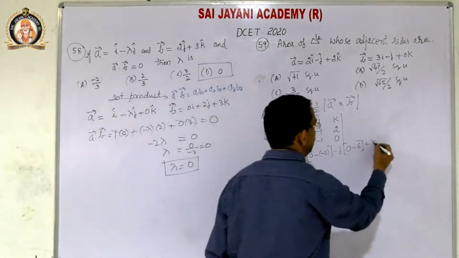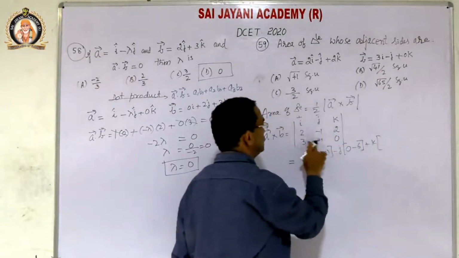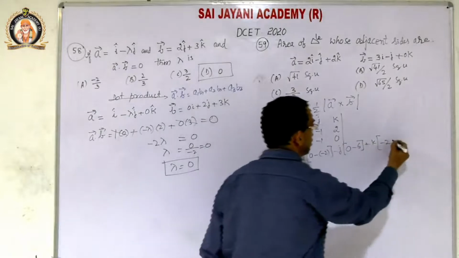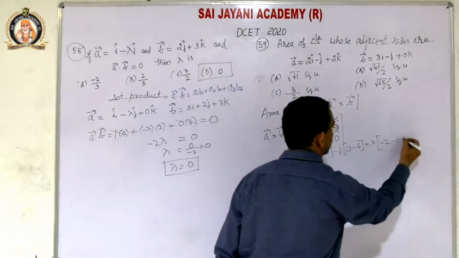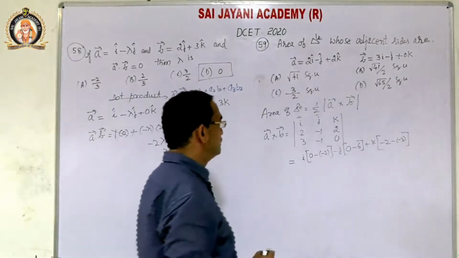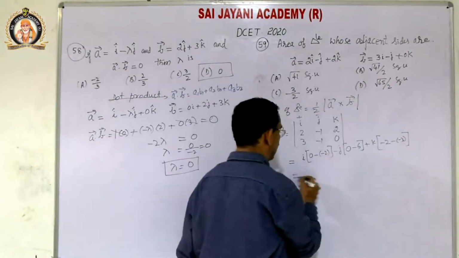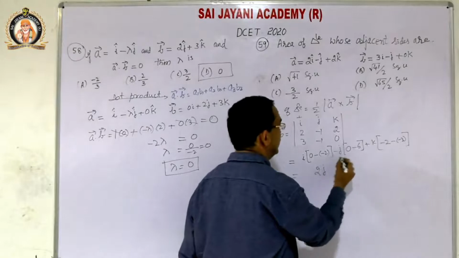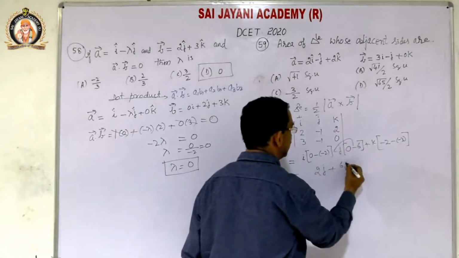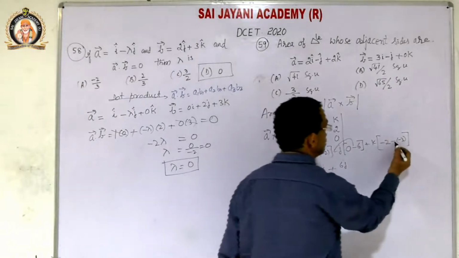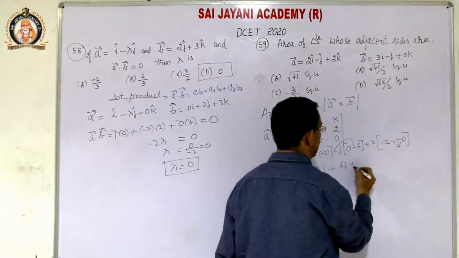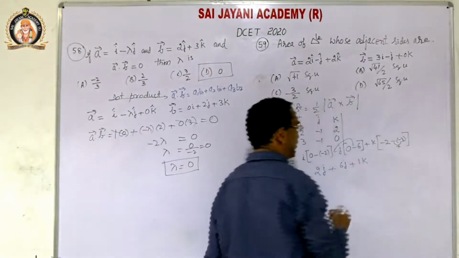Plus k into 2 into minus 1 is minus 2, minus 3 into minus 1 is minus 3, minus of minus 3. So this is the way to find the determinant. Now minus into minus gives plus 2i, here minus into minus is plus 6j, right? Next minus into minus is plus, 3 minus 2 is 1, plus 1k, 1k means k.